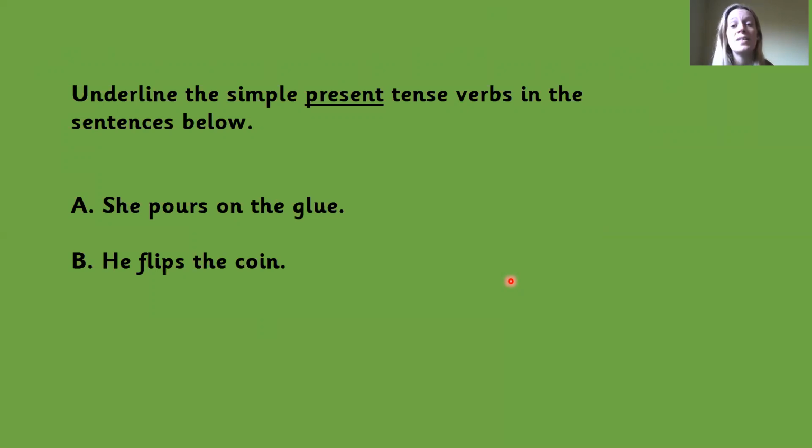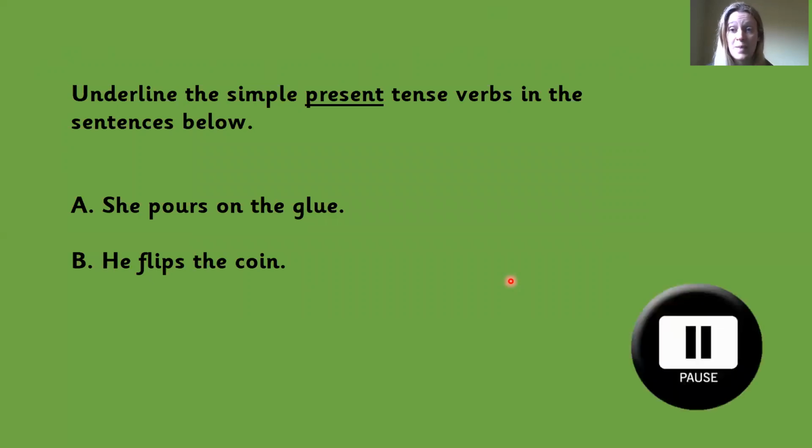To be able to identify it, though, we need to find the verb. So what I want to know is, can you find the verbs in these two sentences? So you've got A, she pours on the glue, and B, he flips the coin. So pause the video here and think, can you find the verbs?